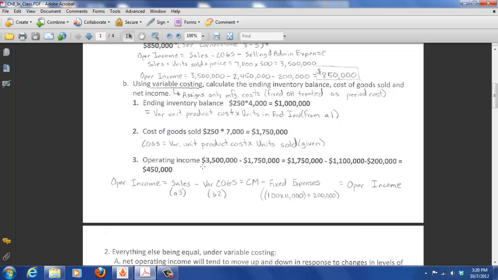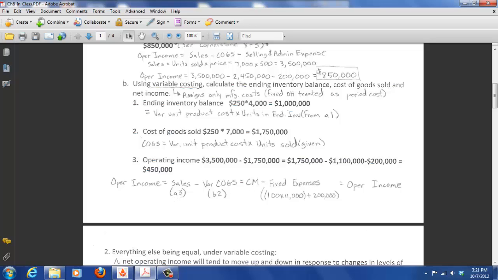Next, we'll take a look at the operating income. For variable costing, this equation includes our sales minus the variable cost of goods sold, which gives us a contribution margin. From there, we subtract out the fixed expenses to arrive at the total operating income.